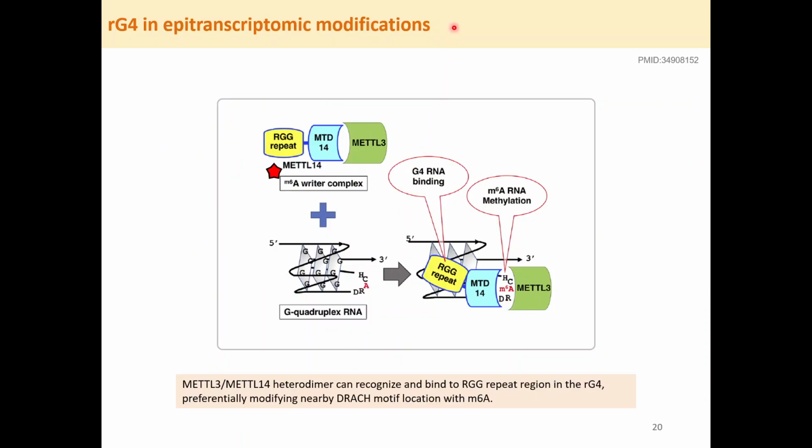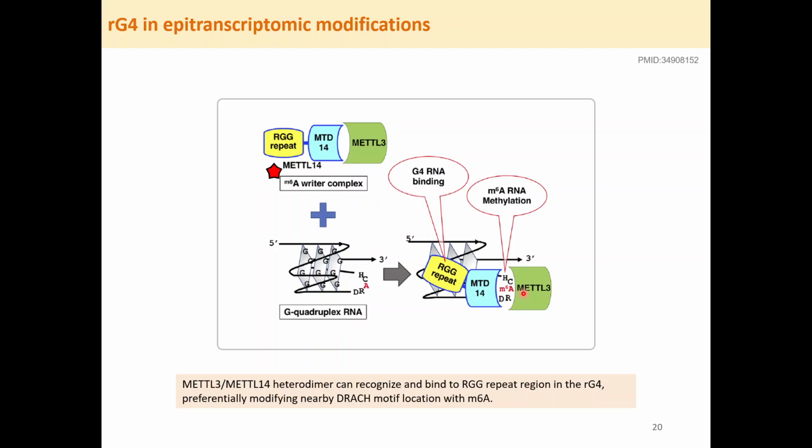Post-transcriptional modification of RNA, particularly m6A on mRNAs, is a layer of gene regulation studied as the new research field of epitranscriptomics. m6A modification by methyltransferases METTL3 and METTL14 occurs preferentially near rG4 regions. First, METTL14 recognizes and binds to rG4-associated regions containing DRACH motif sequences, and then activates the catalytic activity of METTL3 to complete the addition of the m6A modification.